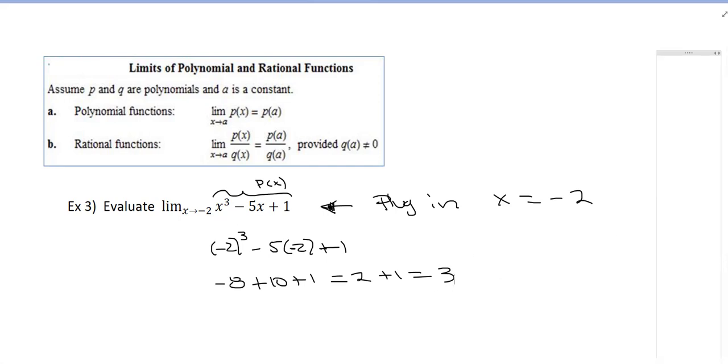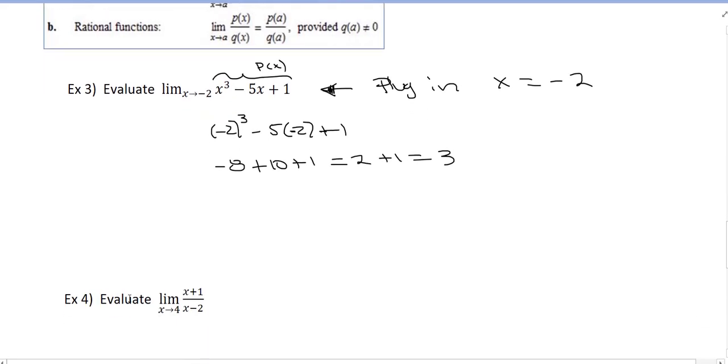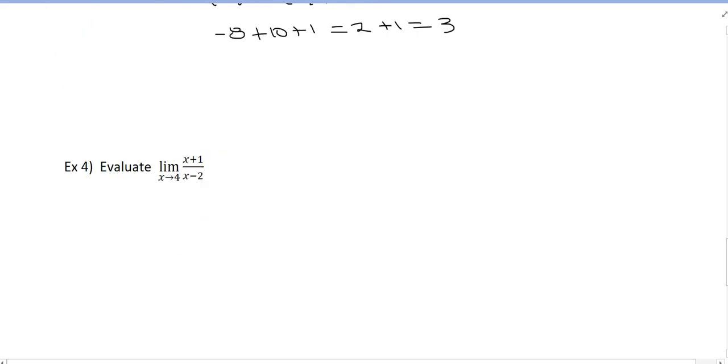Let's try another example. We'll take this rational function. So the limit as x goes to 4 of x plus 1 over x minus 2. For rational functions, the limit as x goes to a of the quotient of two functions is the quotient evaluated at the a value, provided g of a is not 0.